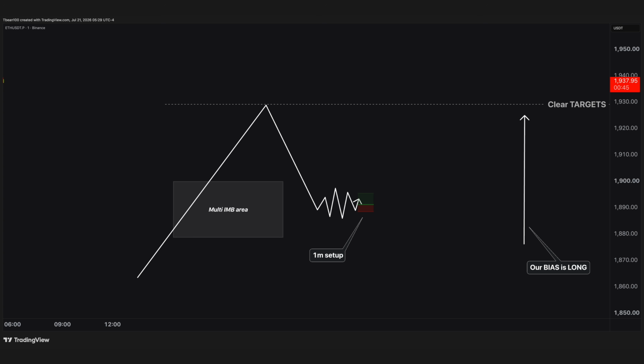It looks very small, but this is a 2R target setup. Or if you find great and clear price action in 3 minutes, maybe 5 minutes, or maybe even 15 minutes, you need to adjust your stop loss and target based on the time frames you selected to trade.